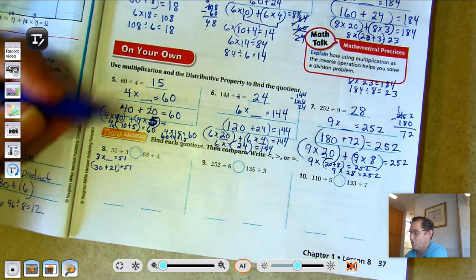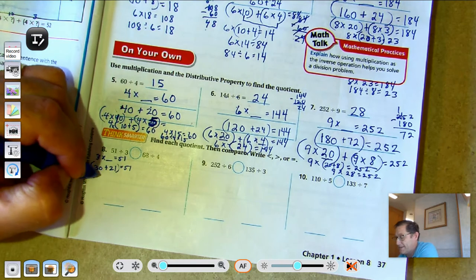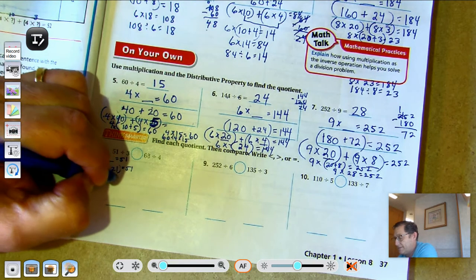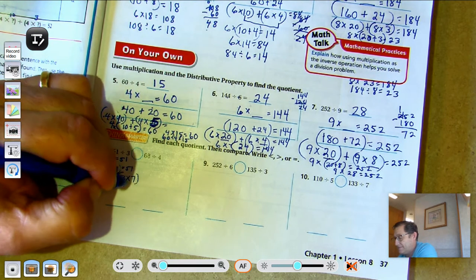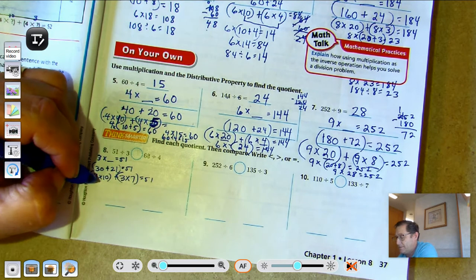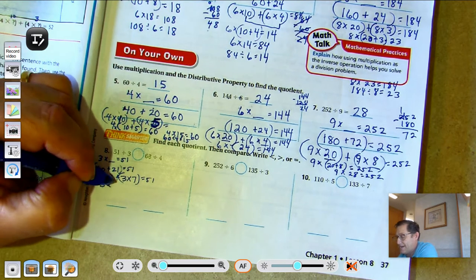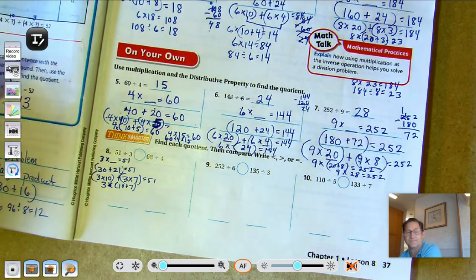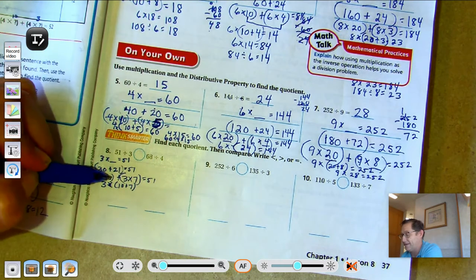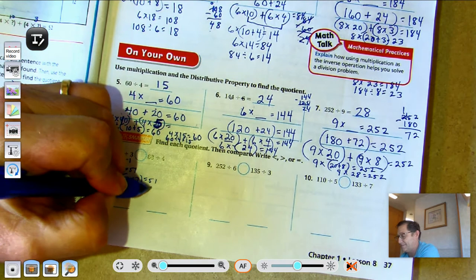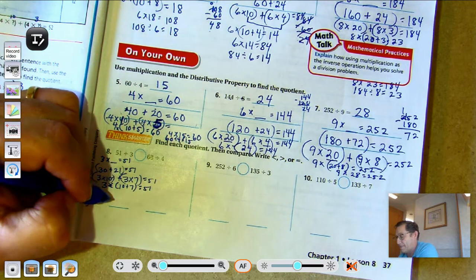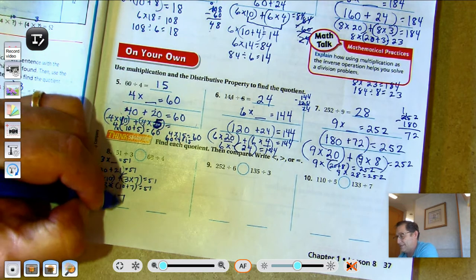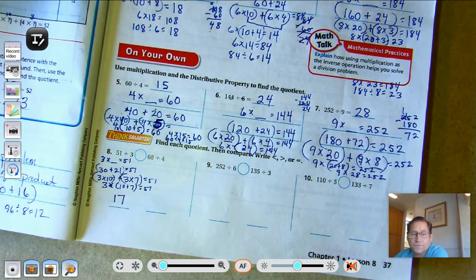So 3 times 10 is 30 and 3 times 7 is 21. So it's going to be 3 times 10 plus 7, 17. 17 is the quotient for that one.